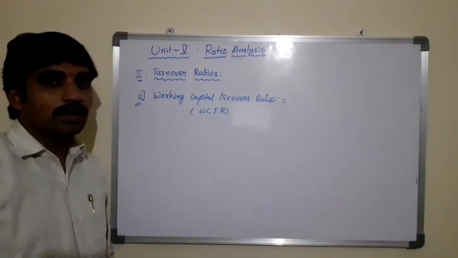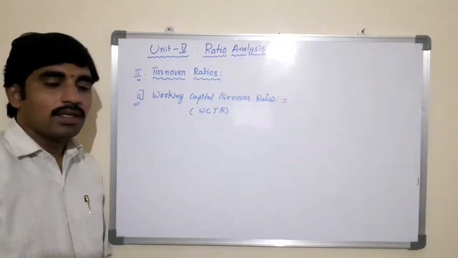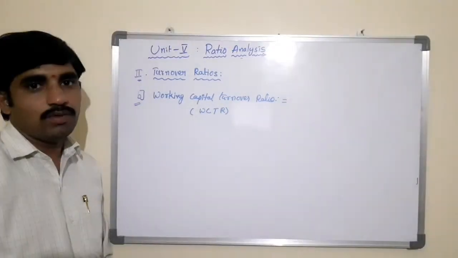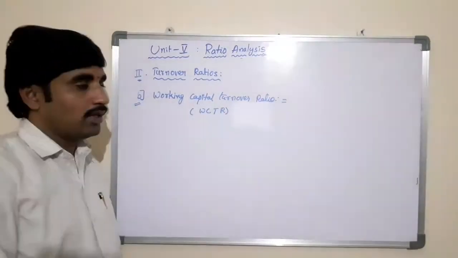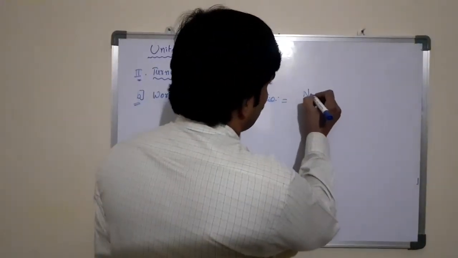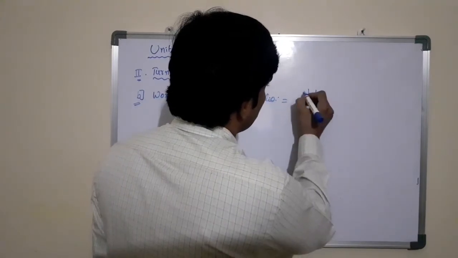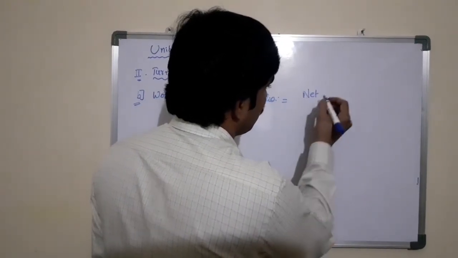So the working capital turnover ratio can be calculated by using the formula net sales by working capital. As I said, all these turnover ratios are related to the sales or the turnover.